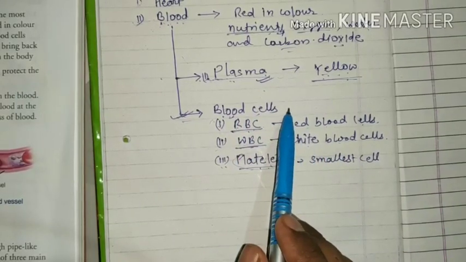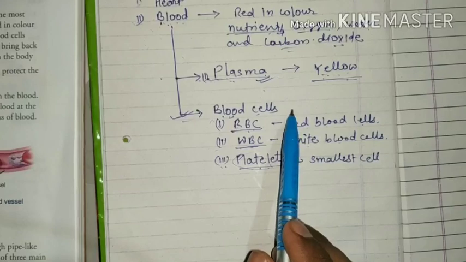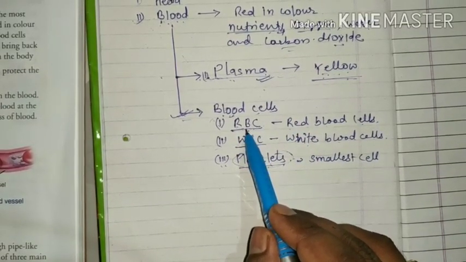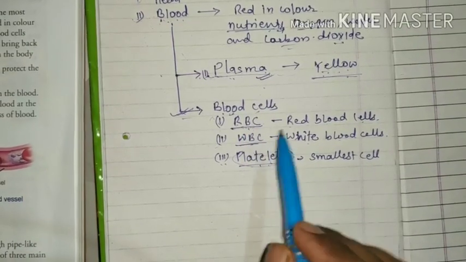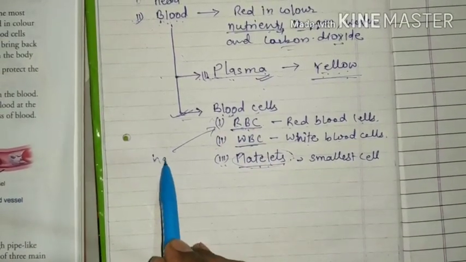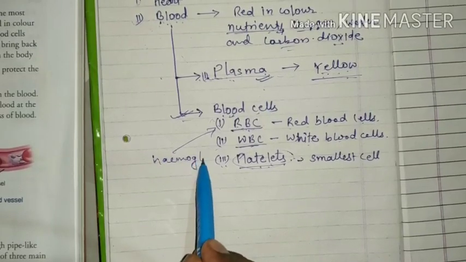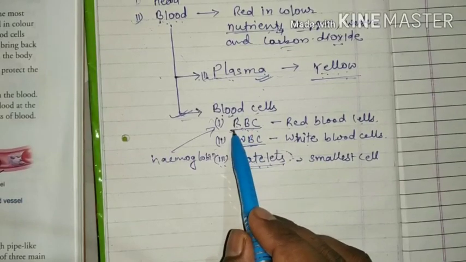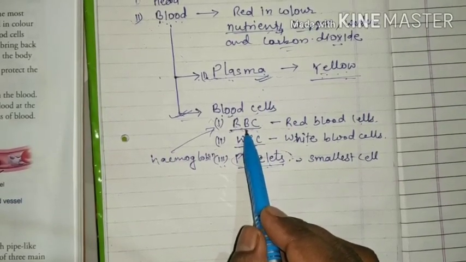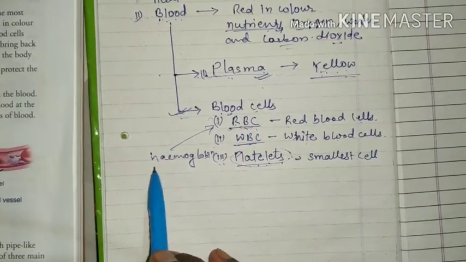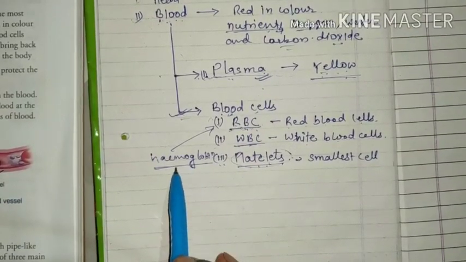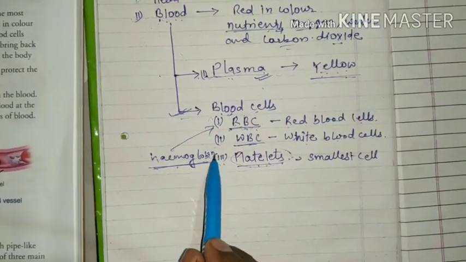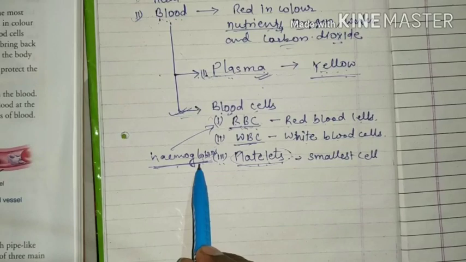Red blood cells are very important. They are called red due to the presence of hemoglobin. Due to the presence of hemoglobin, the RBC color is red, and hemoglobin is very important in blood cells because hemoglobins are carriers.